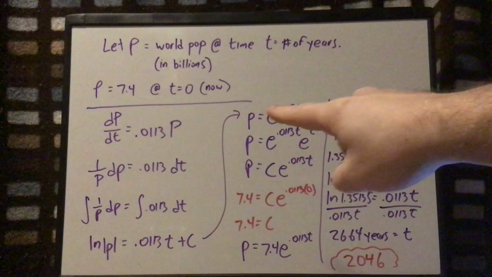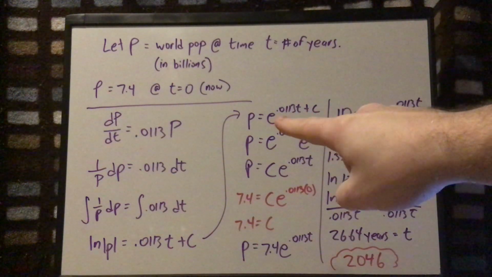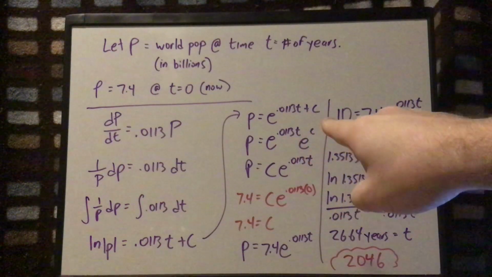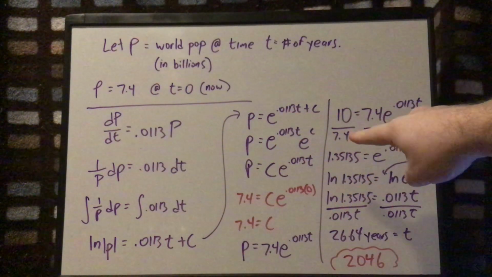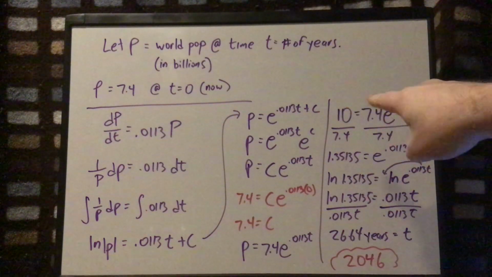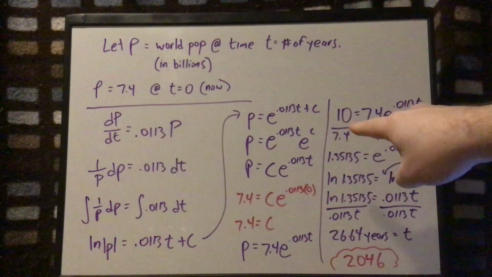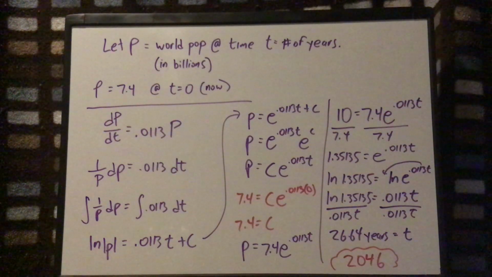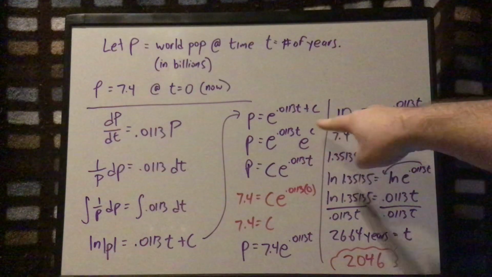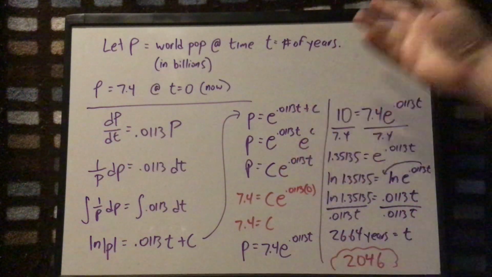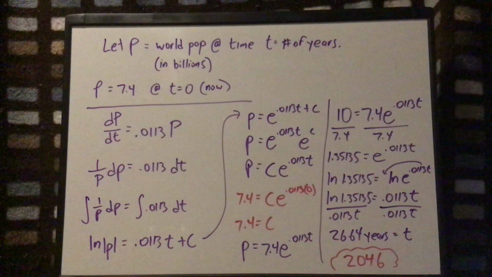From here, I did that simplification. e to some power plus C is e to some power times e to the C, so e to the 0.0113t plus C is e to the 0.0113t times e to the C. And e to the C is just a constant. So since e to the C is just another number, we just replace that and call it C to make it easier.